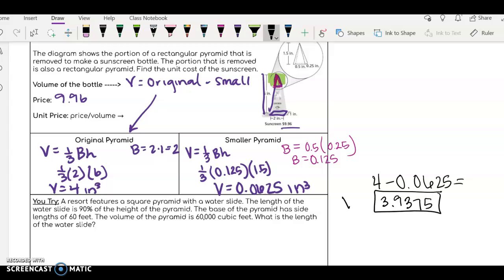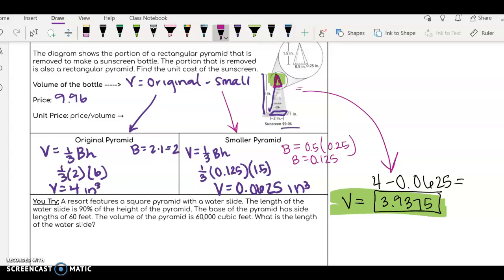So this is the volume of my entire thing. So what we did was we found the volume of the original, found the volume of the smaller one, and then we subtracted them, and that equaled this.